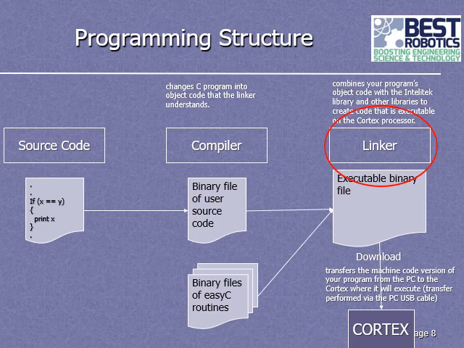It will take all those binary files, put them all together, and create an executable binary file. This is the thing that's actually going to run. It's self-contained, and then you'll download that executable binary file to the Cortex, and now your Cortex will have the software it needs to run whatever it was that you generated in your source code.